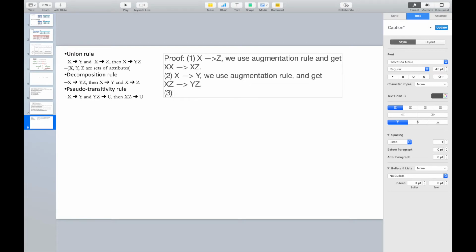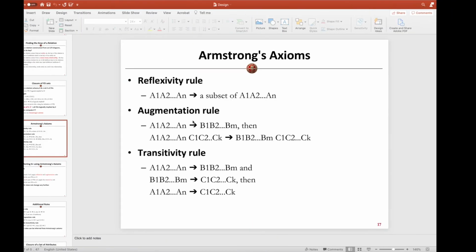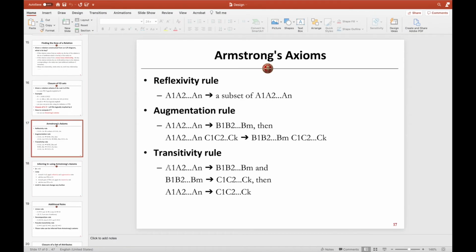And then based on X implies XZ and XZ implies YZ, we use the transitivity rule. You should know the transitivity rule: given A1 to An implies B1 to Bm, as well as B1 to Bm implies C1 to Ck, then we can get a new FD, A1 to An implies C1 to Ck.